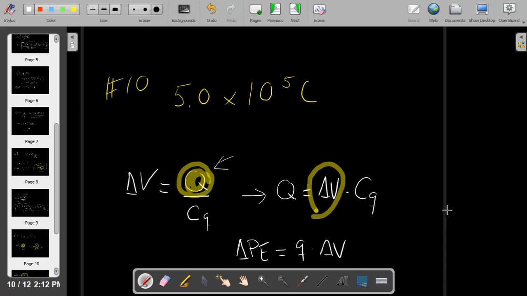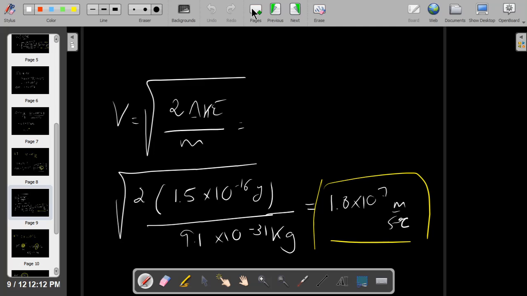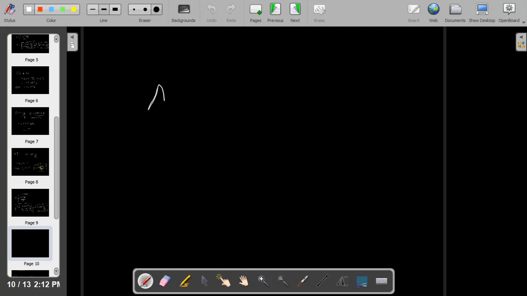It's a mouthful. So if I want to modify that so I can find my electrical potential, I should write it down again. You have it in front of you, but I don't.